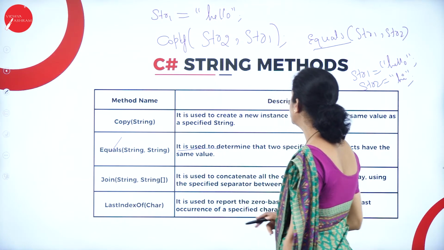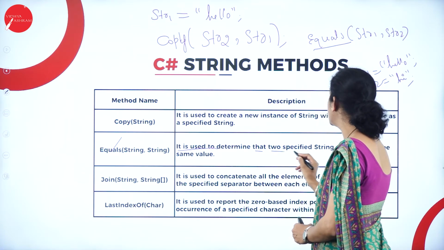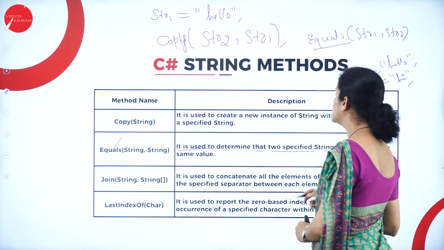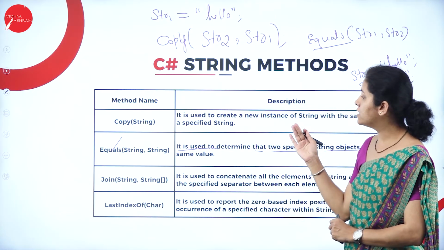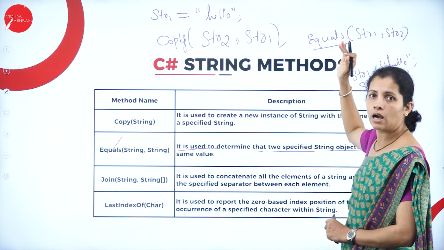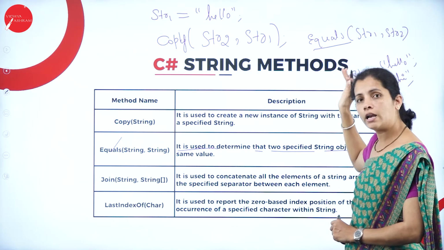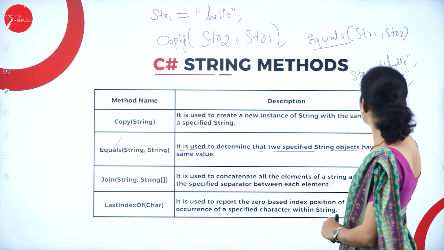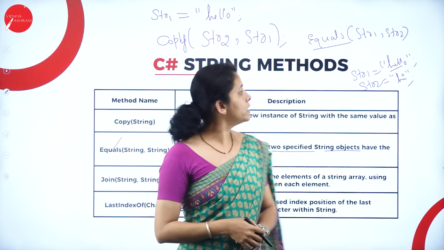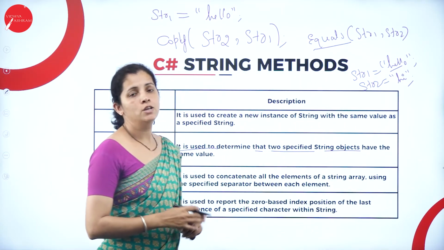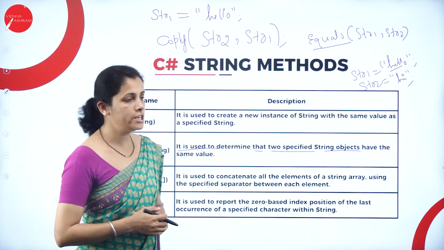It is used to determine whether two specified string objects have the same value. It is mainly used to check whether both strings are equal or not. If I consider this one, string1 is Hello, and what about string2? It is Hi. So both are different strings.